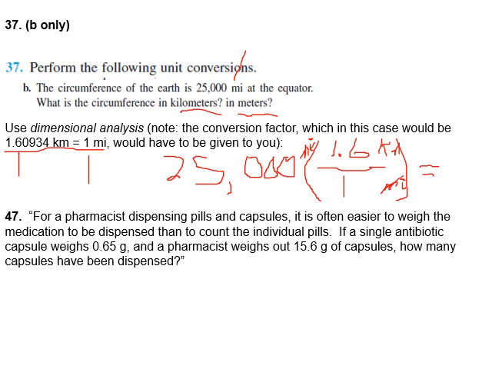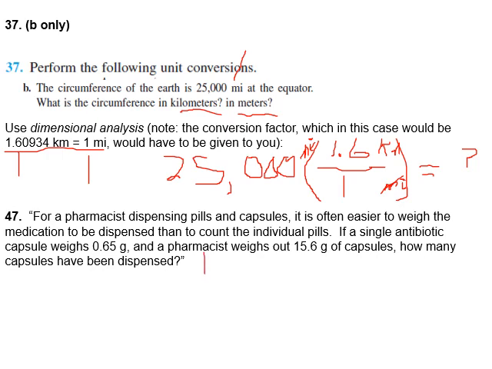Or you can just multiply the answer you got by 1,000 if you understand it well enough, or just move the decimal place over 3 places to the right. We'll look at the answer to that in just a second.